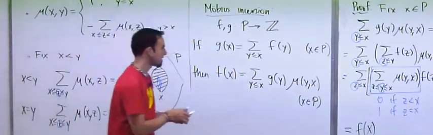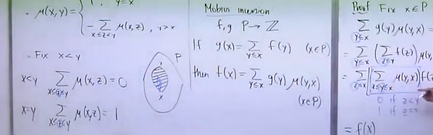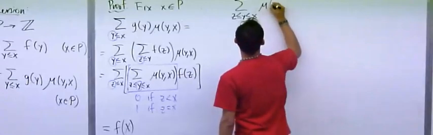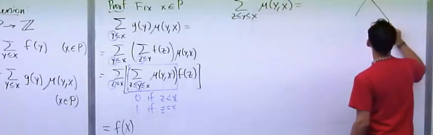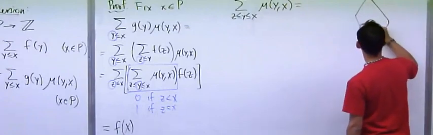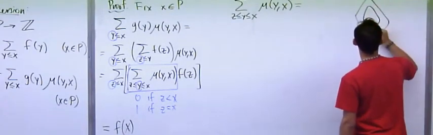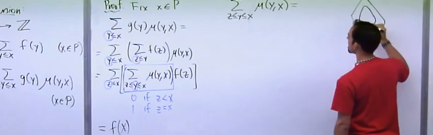But what's the picture over here? It's the opposite. In this sum, what am I doing? Well, I have my poset, I have my interval. So here's x. Sorry.